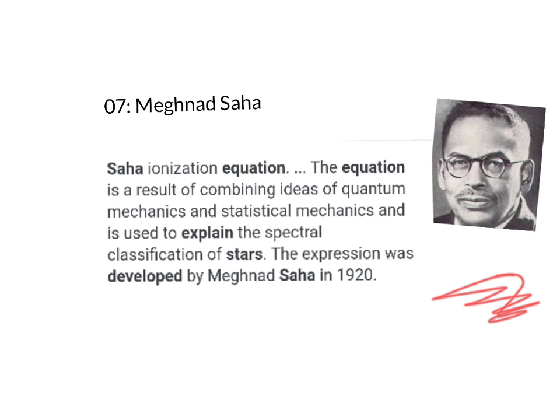The expression was developed by Meghnad Saha in 1920, born 6 October 1893, Dhaka in Bangladesh, and died 16 February 1956 in New Delhi. So this was all about Meghnad Saha.